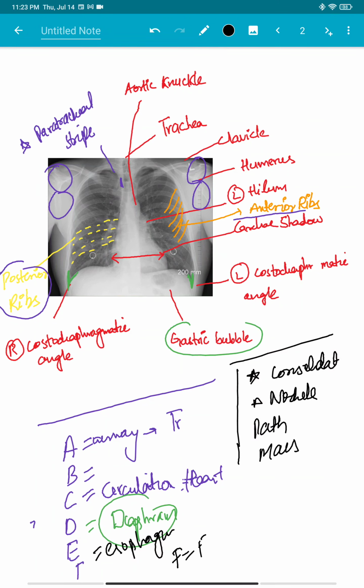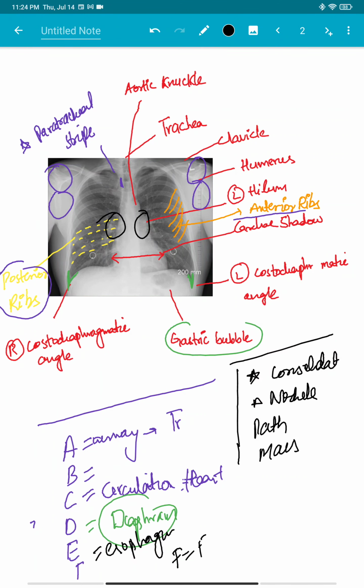After lung fields, we can see the hilum, left and right hilum. The right hilum is a bit lower than the left hilum, and the left hilum is a bit higher than the right hilum. Here are the hila. We should know about the most common pathologies that cause hilar lymphadenopathy or hilar enlargement.